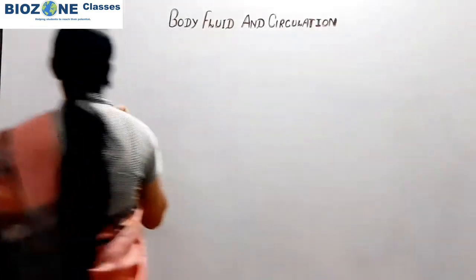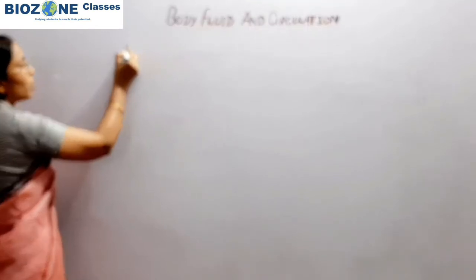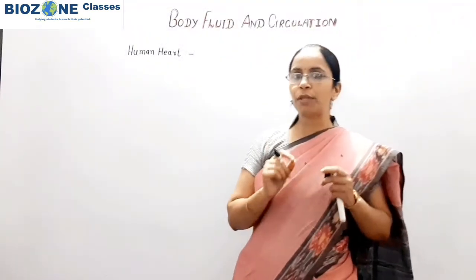Now students, the most important thing you remember when we study the human heart is where the heart is located. The human heart is present in the thoracic cavity, in between both lungs.